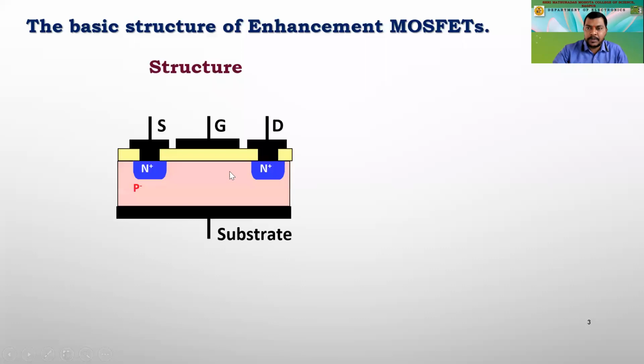As you know, this is P-type, so it contains positive holes. The two small blue regions shown on both sides are heavily doped N-type extrinsic semiconductor. It contains electrons, and this pink color is all the P-type.